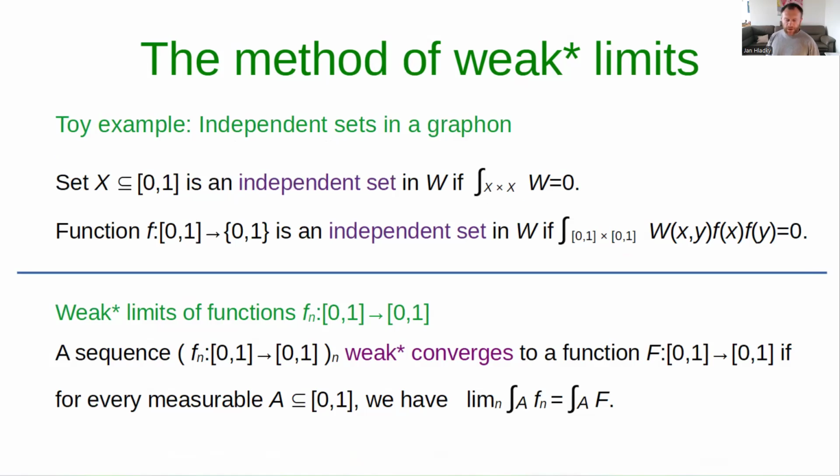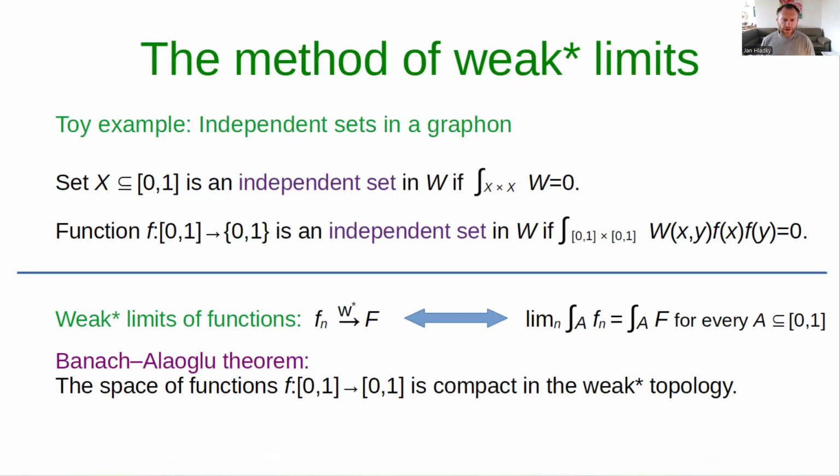Now here is a proper definition. Formally, a sequence of functions Fn from [0,1] to [0,1] converges in weak star to a limit function capital F if for every measurable A, the limit of the integrals of Fn over A equals the integral of capital F over A. A key tool from functional analysis called the Banach-Alaoglu theorem tells us that the space of functions from [0,1] to [0,1] is sequentially compact in the weak star topology.